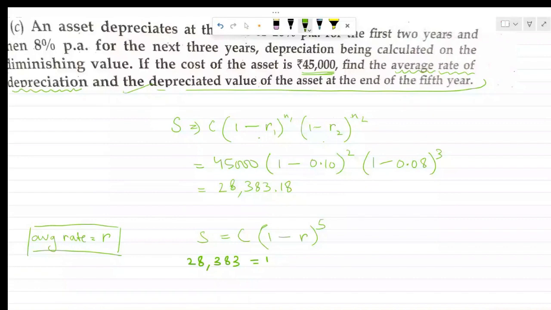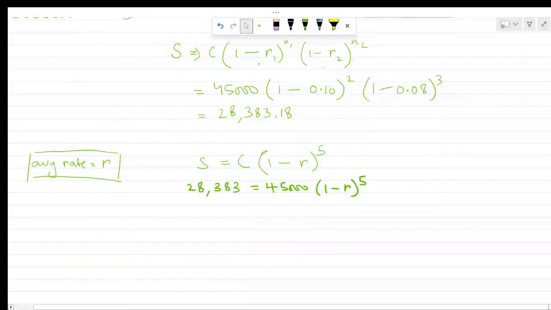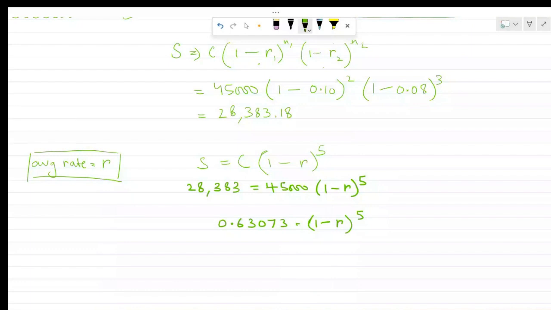This will be your equation. Now we have to solve this equation. So I'll take my 45,000 to the left hand side in the denominator. I'll get 0.63073 equals (1 minus r) raised to the power 5. This is what I will be getting.